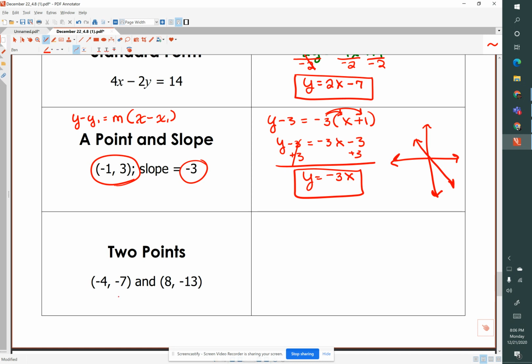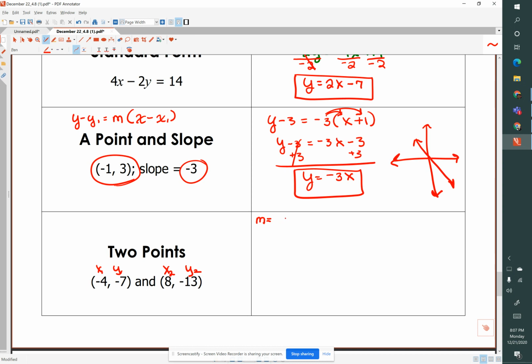And now we're given 2 points. We're given -4, 7, and 8, -13. So first we have to find the slope. Then we use the point slope formula. So m equals, this will be our x1, y1, and our x sub 2, y sub 2.